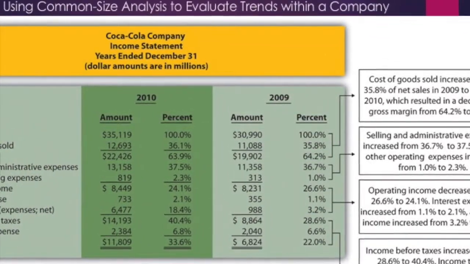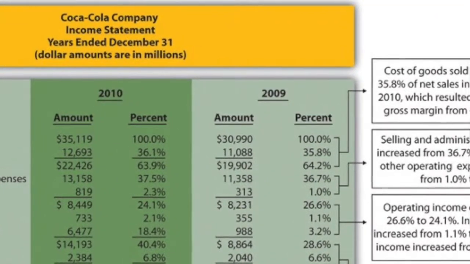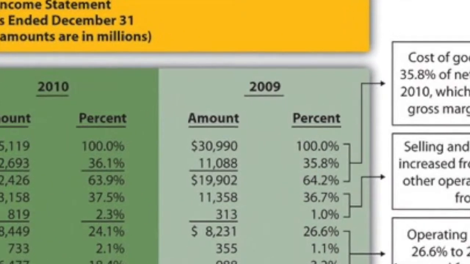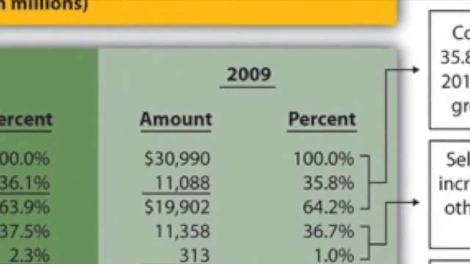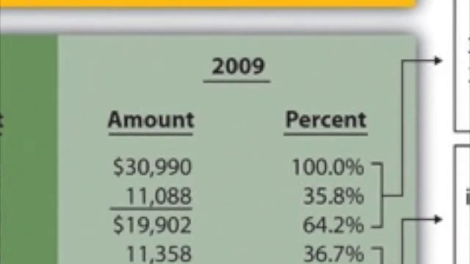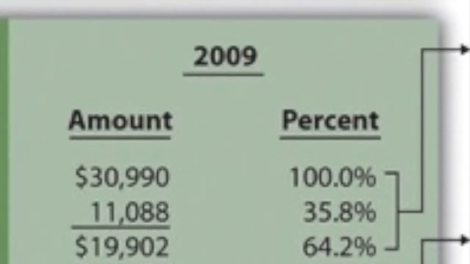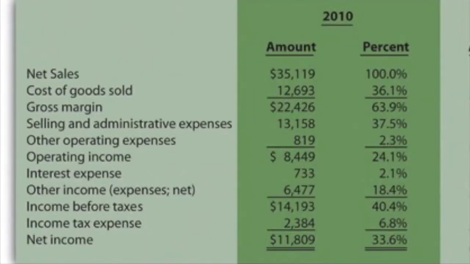I would then compare the year 2010 to 2009. Notice the column amounts and notice the column titled percentage. By looking at the column percentage, it's easier for you to compare across different years using percentage as compared to absolute amounts. This is the main reason why we conduct common size analysis.